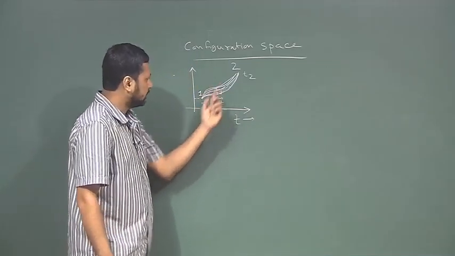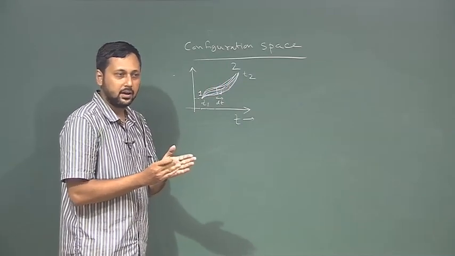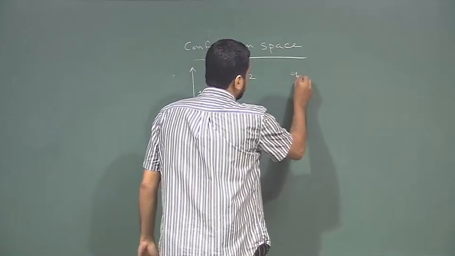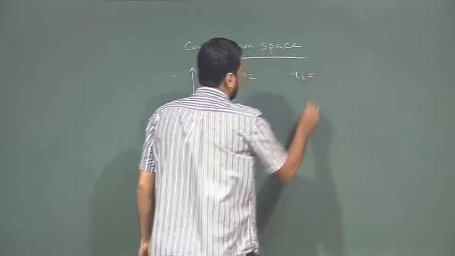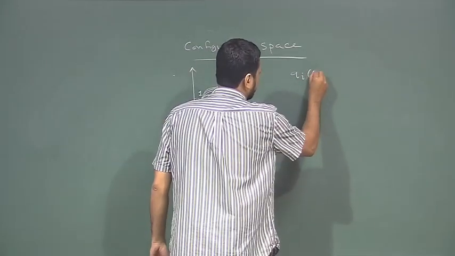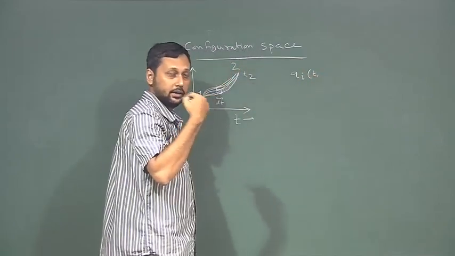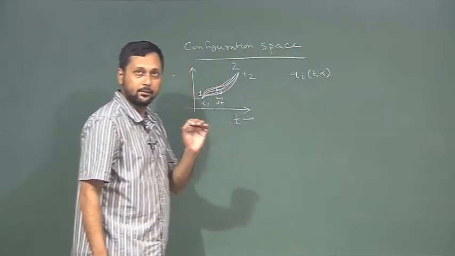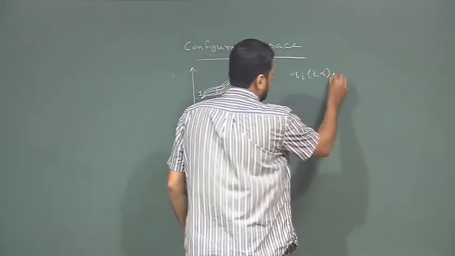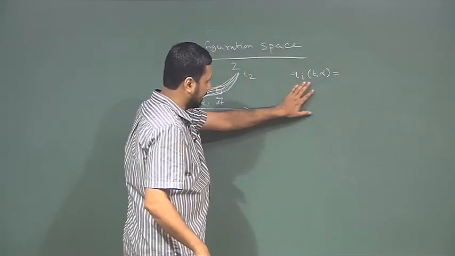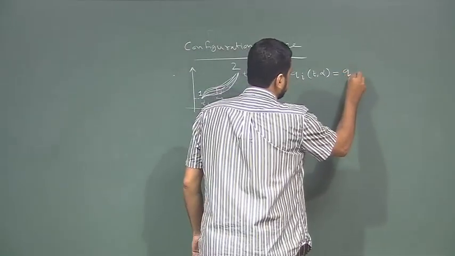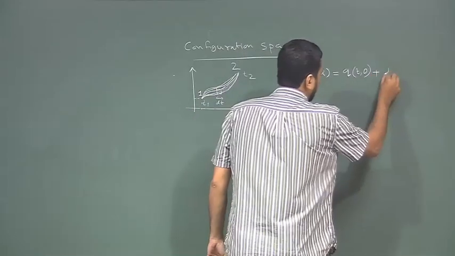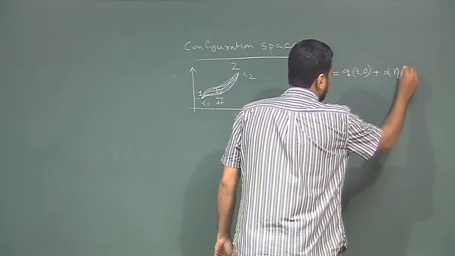Each of these paths is slightly different from the others, and the coordinates will also be slightly different. So we can write any coordinate q_i as a function of t, and we introduce a new parameter alpha, an infinitesimally small parameter, and write the coordinate as q_i(t, 0) plus alpha eta_i(t).